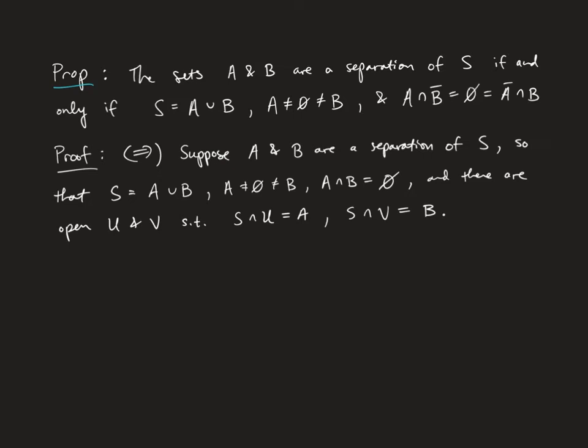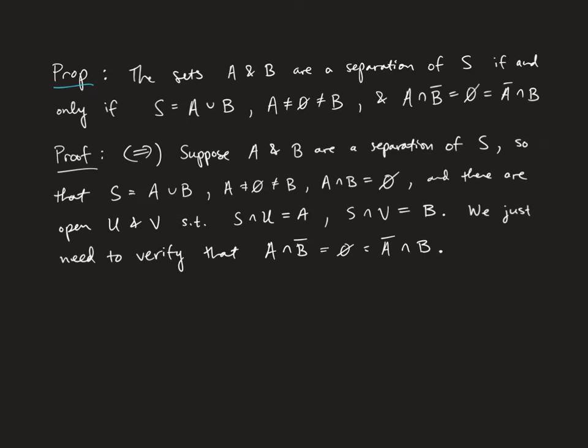Okay, so then the only condition we have to verify is this last one. So we just need to verify that A intersect B closure is empty and A closure intersect B is empty.